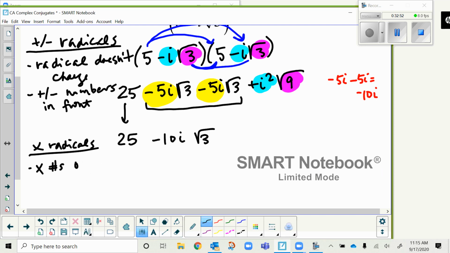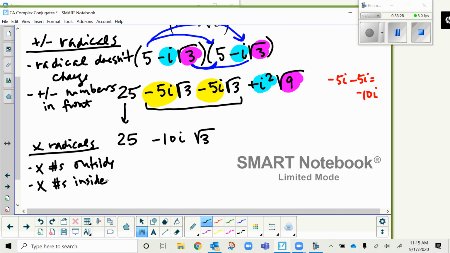So multiply numbers that are outside together, and then you multiply the numbers inside together. So that's a quick review of the differences when you're adding, subtracting radicals, or when you're multiplying radicals. And that's what got me that i squared times square root of 9, which I'm going to do some more work on right now.